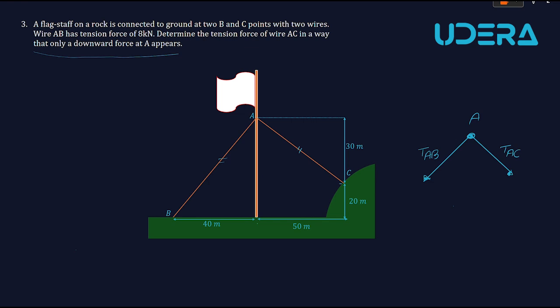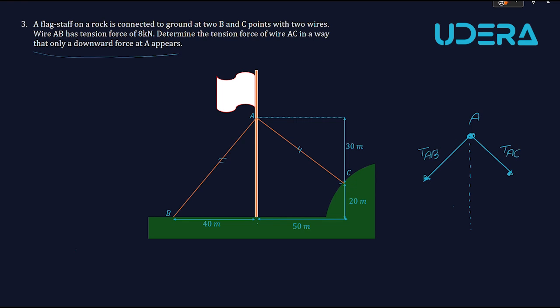So we will have only a force vertically at point A. Since we don't have horizontal forces, the horizontal components of these two force vectors, TAB and TAC, must be zero.